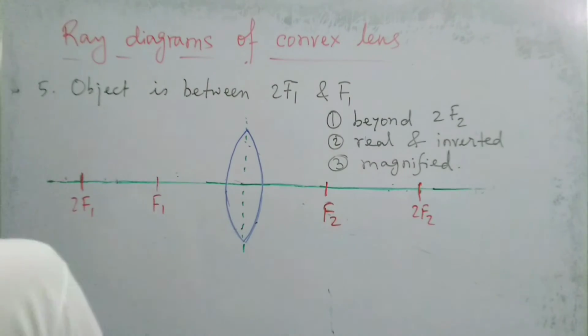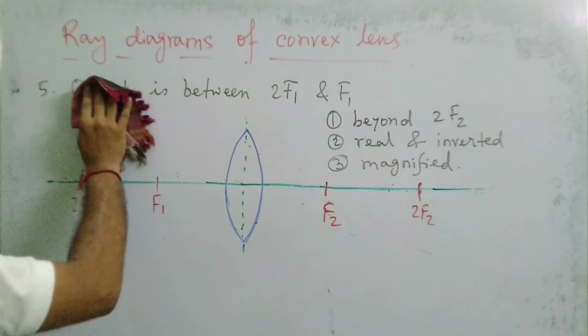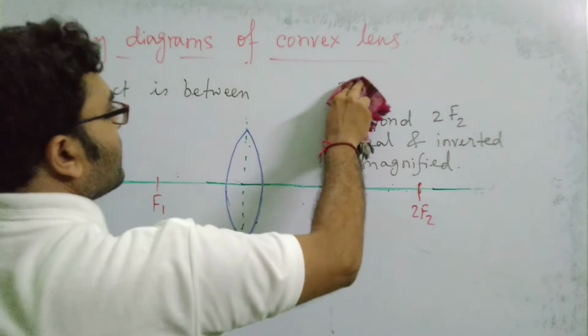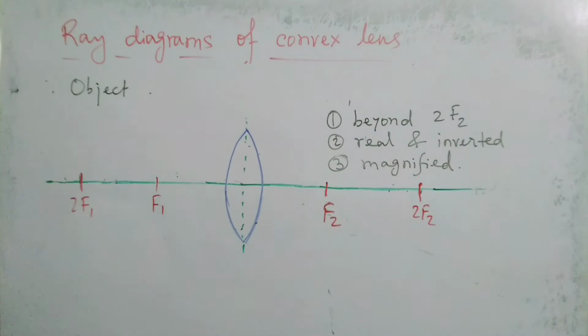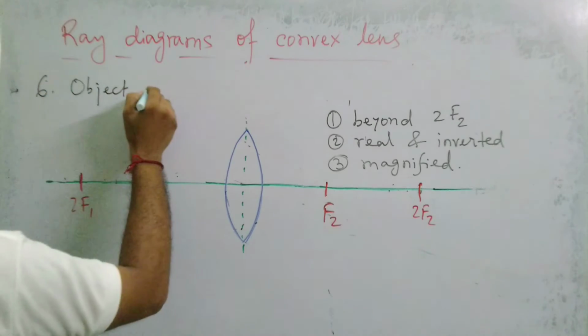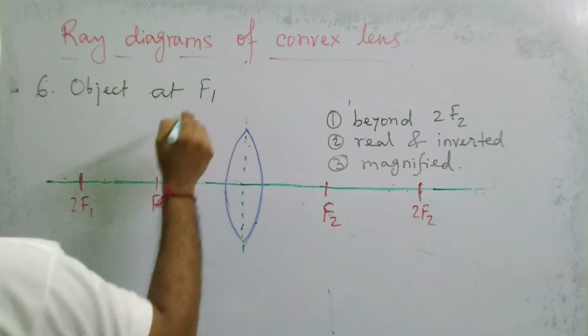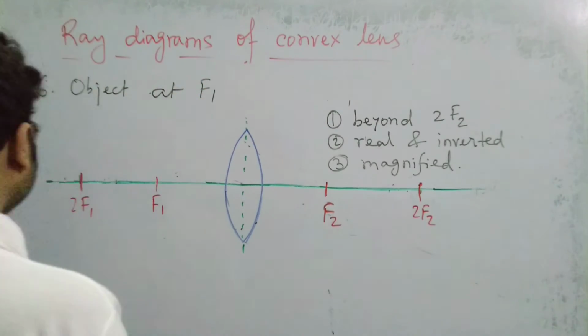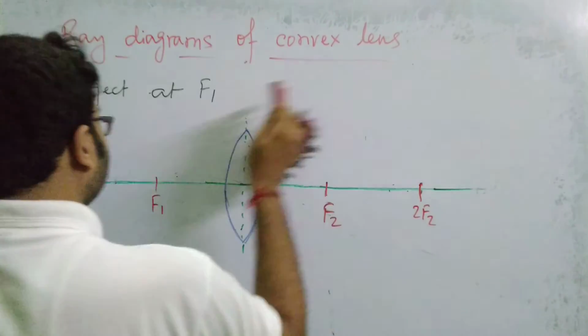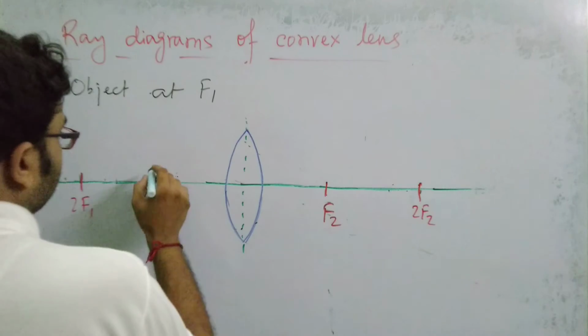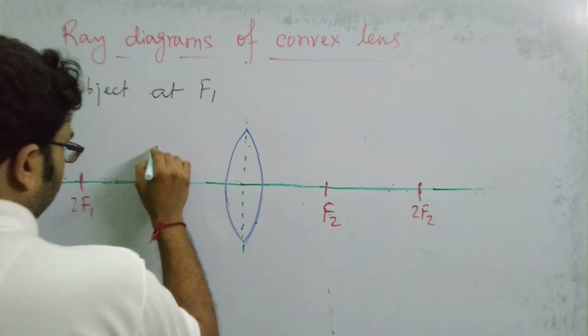So here the sixth diagram is object at f1. Okay. So when the object is at f1, what happens? The image is further shifted. How is it shifted? Let us see. Consider the object at f1.